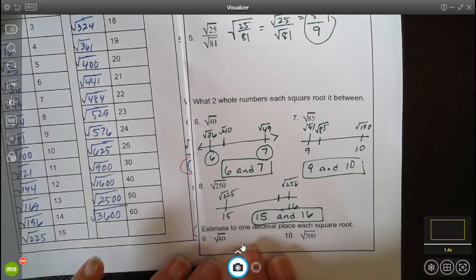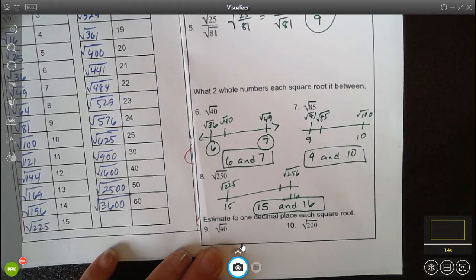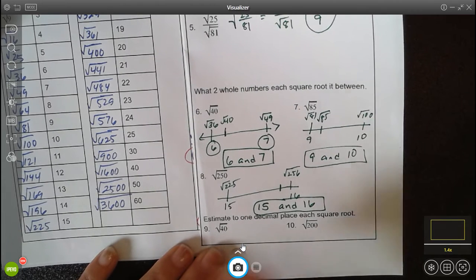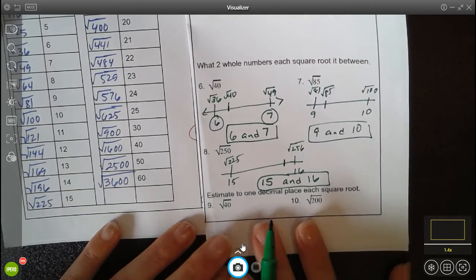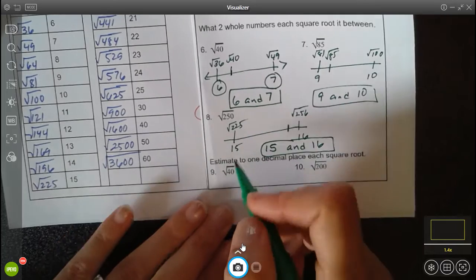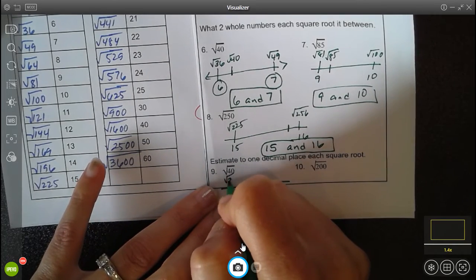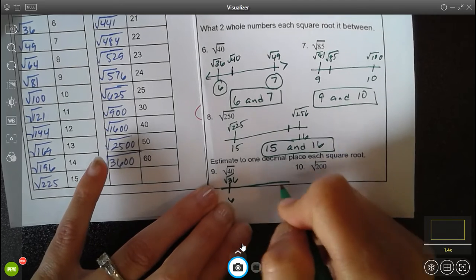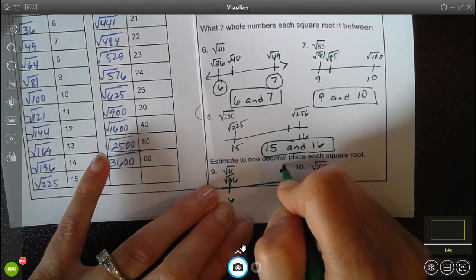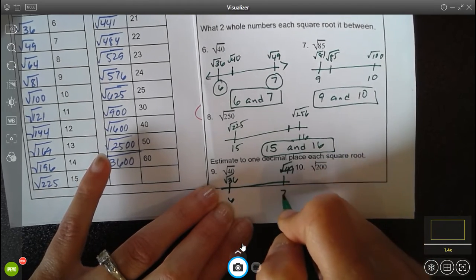Okay, so down here is the hardest level of this. Pause the video and rewrite this if you need. It says estimate to one decimal place each square root. So I am looking for the square root of 40. I think we did this one earlier. The square root of 36 is 6. The square root of 49, the next larger one, is 7.